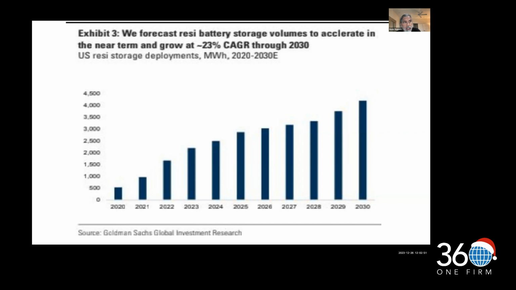Now, there's multiple ways of storing electricity. You can store it, of course, in batteries, which is the most expensive way of storing electricity. You can store it in the form of hydrogen, which is less so, but we don't have the infrastructure yet to handle that. You can even, on a grid scale, store it as pumped hydro. You can pump water uphill, and then when you need it at night, you can let it flow downhill.